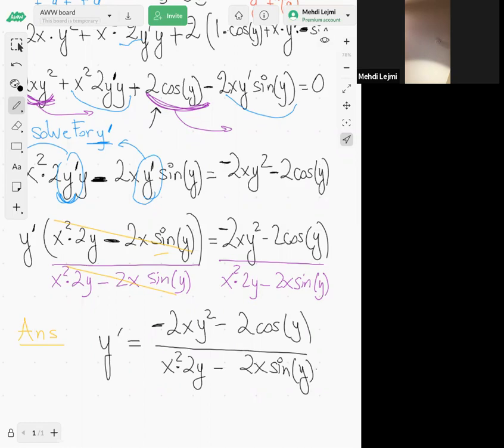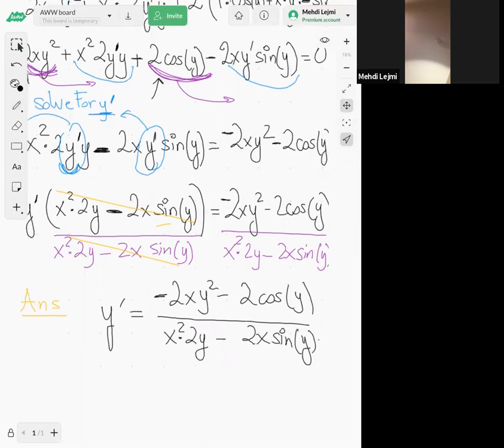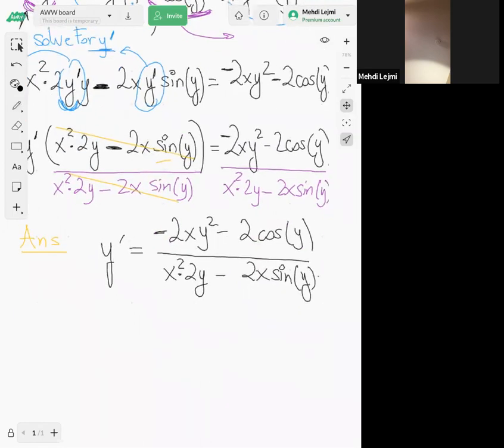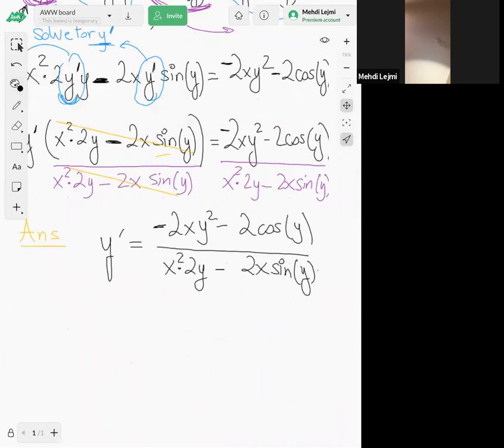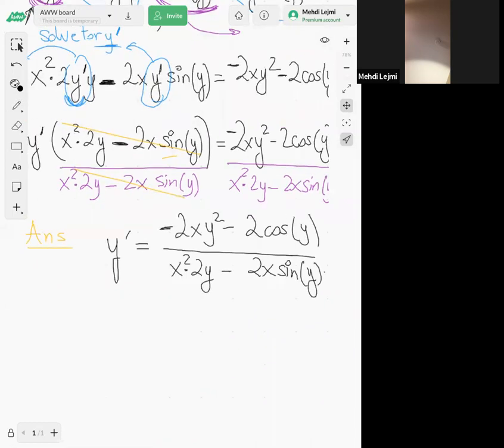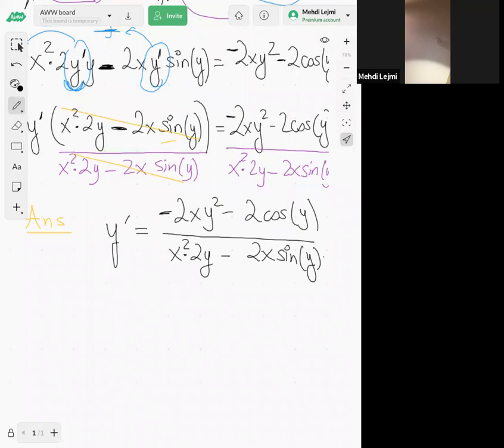You can actually simplify, because 2 is a common factor in the top and in the bottom, so you can factor out the 2. If you get this answer, of course, you get full credit. But as I said, you can also simplify by factoring out the 2.